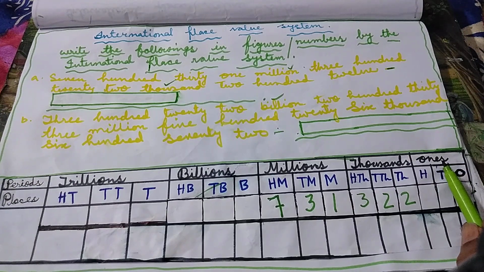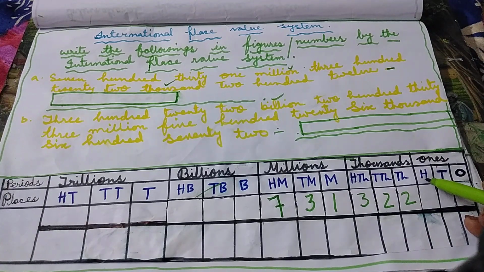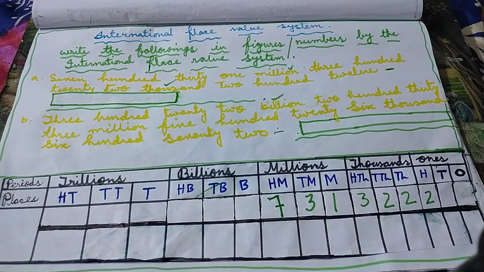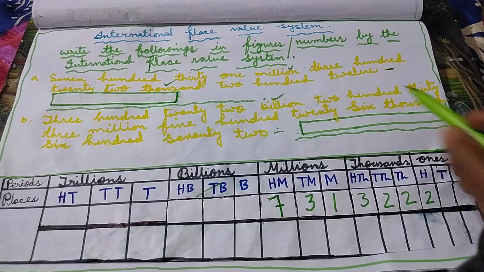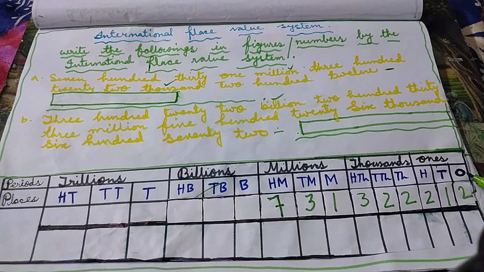So in the ones group or ones period, how will we write 212? In the hundreds place, we will write 2. 200. In the hundreds place, we will write 2. 12. Tens and ones together make 12.